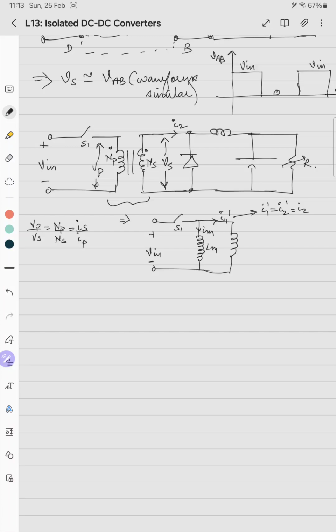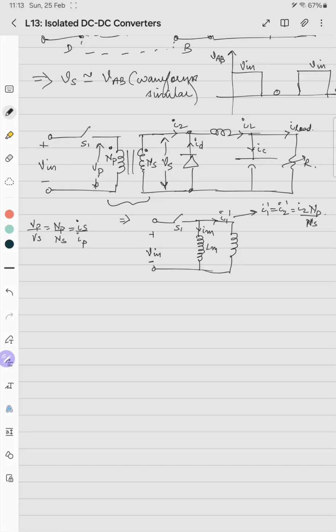If you transfer the secondary current to the primary side, it should be multiplied by Np by Ns. So basically this current is I2, this is Id, this is IL, this is IC, and this is I load.